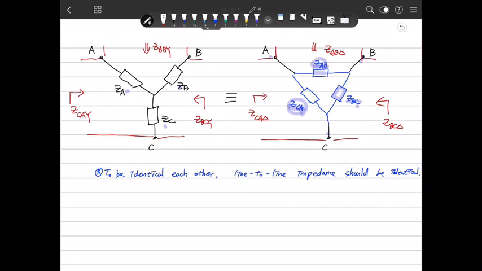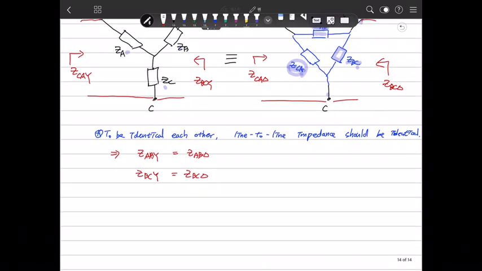So this should be the same. That means G ABY should be the same as G AB delta, G BCY the same as G BC delta, and G CAY should be G CA delta. Then we can say Y and delta are identical.